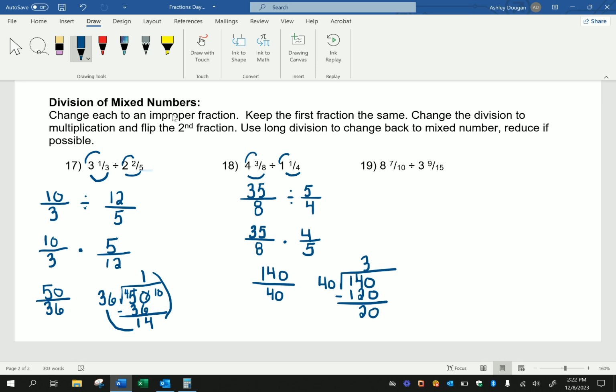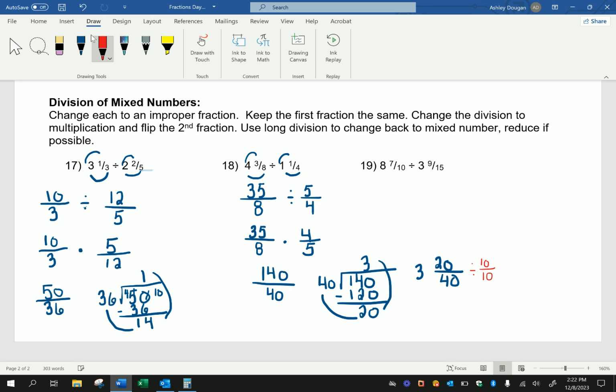And I just write this as a whole number. 3 is my whole number, and then I write my fraction part, 20 over 40. I know this can be simplified some more. I could try 10, 5, or 20. Let's say I choose 10.